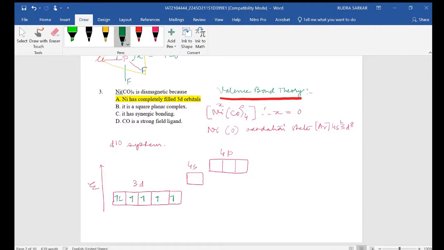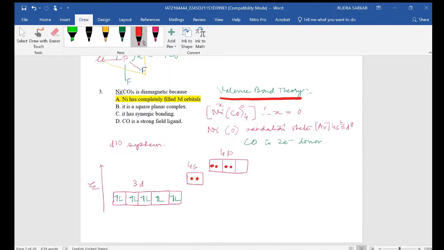These are the up spin, down spin, followed by the 4 electrons from the carbonyl, CO being a 2 electron donor. We will indicate such electrons as dots.